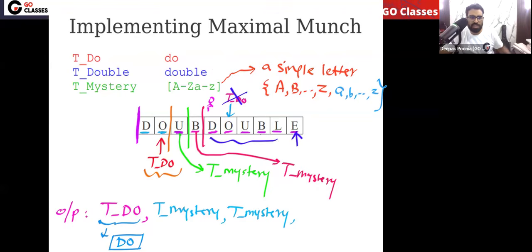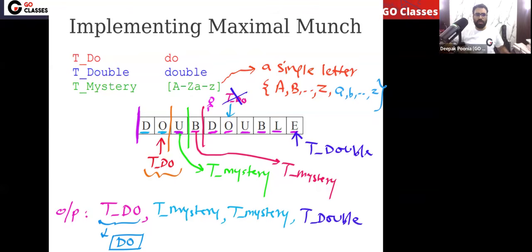So because of longest match, this token will be generated. This D double token will be generated. So that's it. I hope you understood this point. So total, how many tokens will be generated? Four tokens will be generated, and corresponding lexemes also I'm writing. You can see these are the corresponding lexemes.